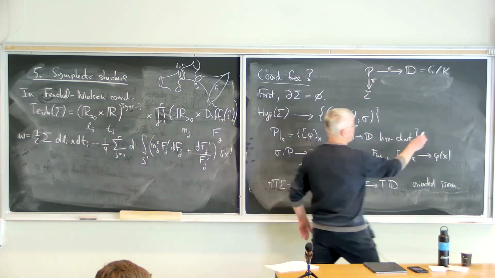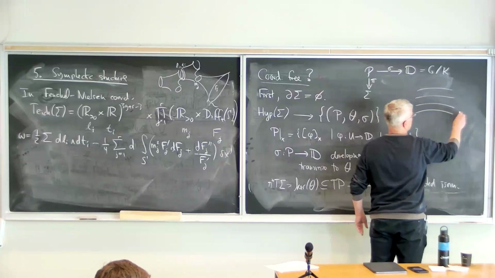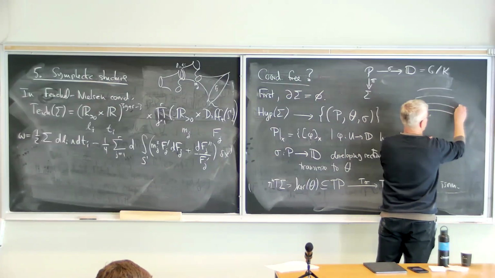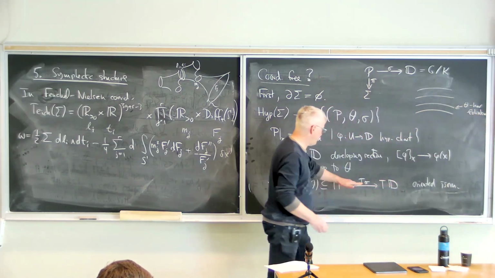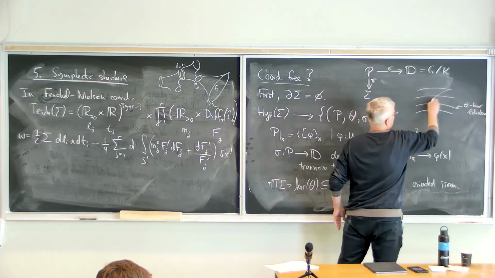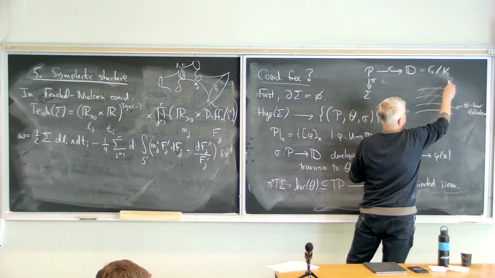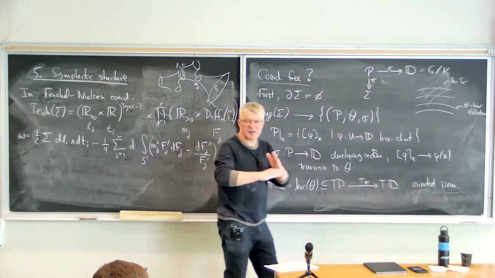So another way of saying this is that you have the horizontal foliation, the theta horizontal foliation. And then you have the kernel of the differential of sigma, and this should be transverse to it. So this is the kernel of T sigma. This is transversality.